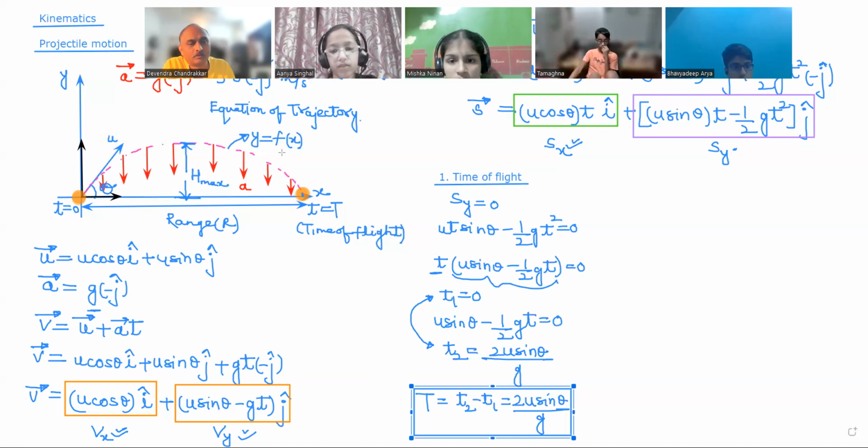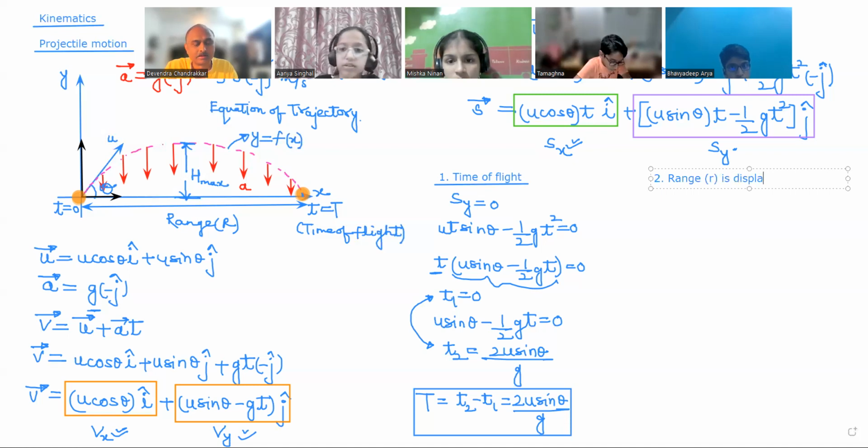Now let's do the second exercise for range. Now what is range? Range is the displacement of the particle along x-axis in capital T, that is time of flight.